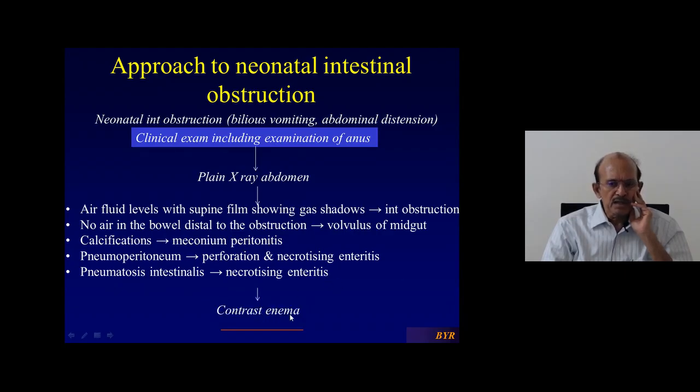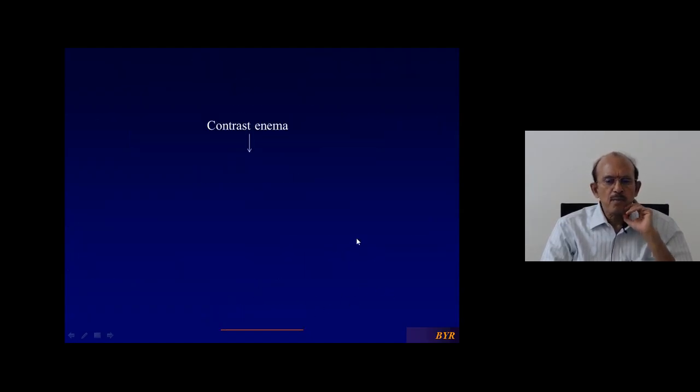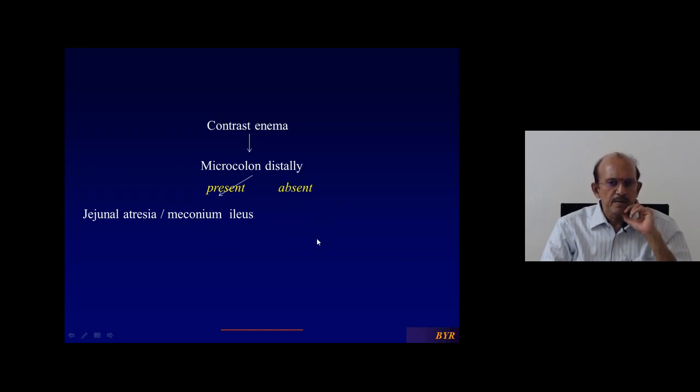Then you give contrast enema with the gastrografin. I already told you it is an iodine compound. By giving contrast enema, you find microcolon distally. That means the colon is collapsed. It is due to jejunal atresia or meconium ileus. Microcolon is absent.